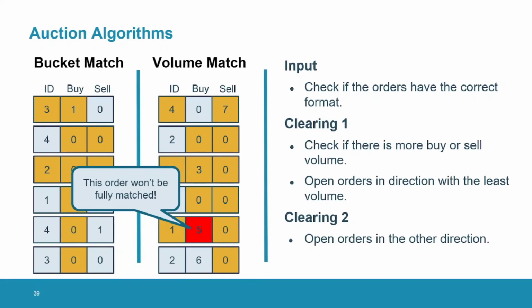And the way we solve this is by performing a binary search to figure out which is the first buy order that surpasses the total sell volume. And in this case, it's precisely this order of volume 5. And so we don't open this order, we open all the previous orders. And when we reach this order, we just check how much volume we are still missing to completely fill the sell side.